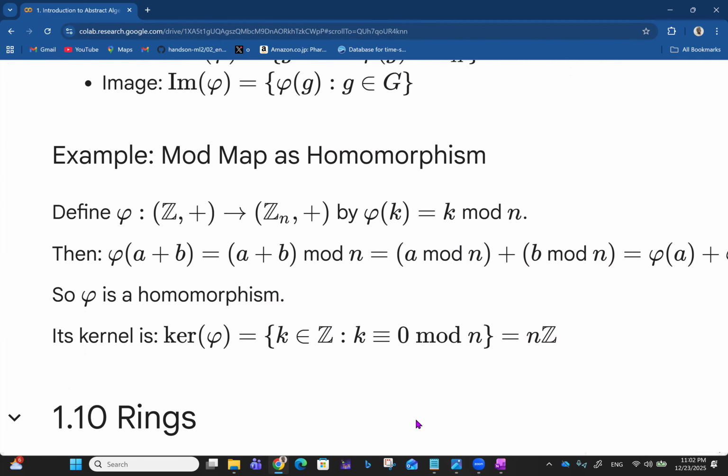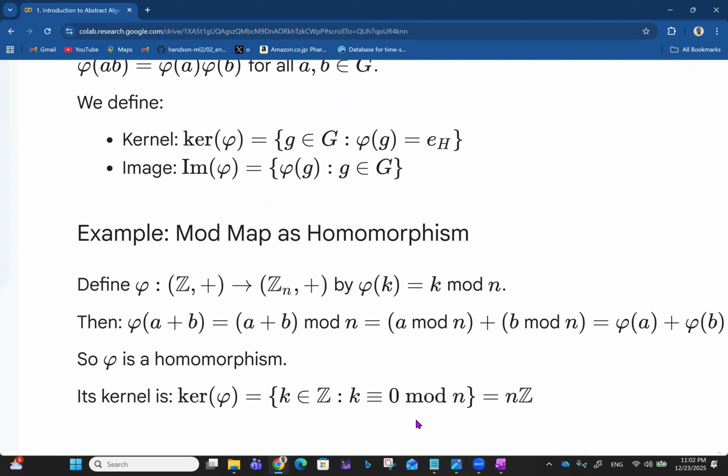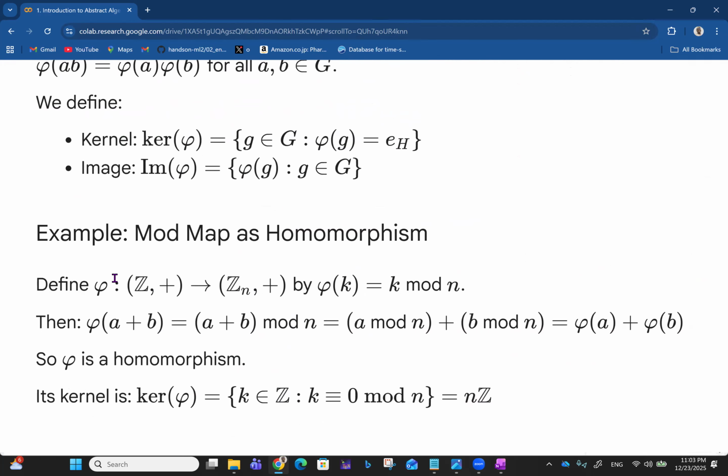So imagine this example. The mod map as a homomorphism. Define phi such that Z, the integers with addition, is mapped to Z_n under addition by phi of k equals k mod n. So imagine phi of a plus b will now be a plus b mod n.